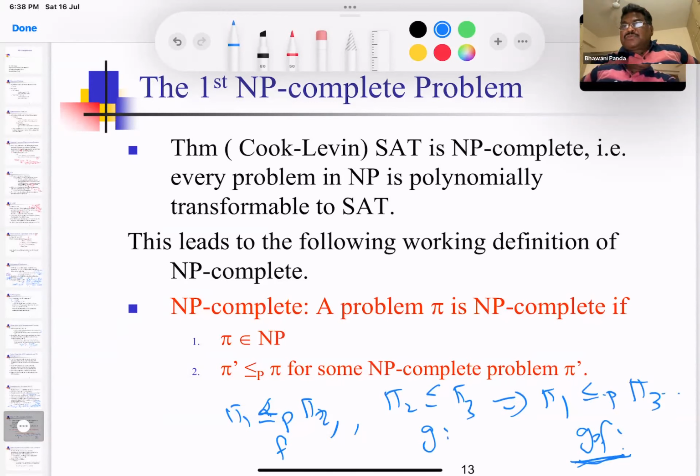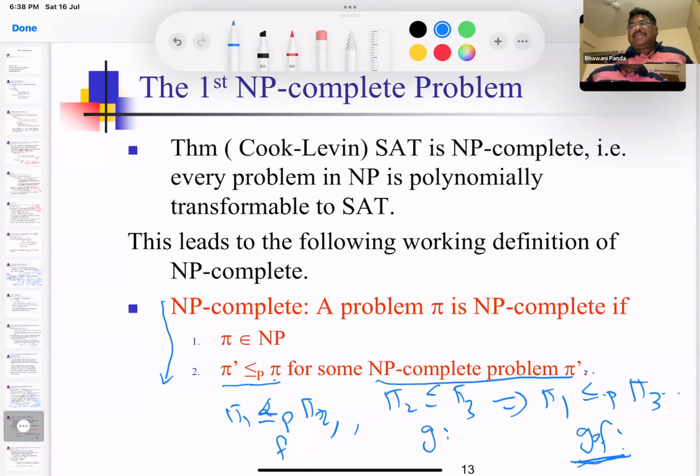Now, based on the Cook-Levin theorem, this is a working definition of NP-completeness. The first condition is the same: pi belongs to NP. And instead of reducing every problem in NP, you only have to find one NP-complete problem pi dash and reduce it to pi, that is, pi dash is polynomially reducible to pi, and then you are done.